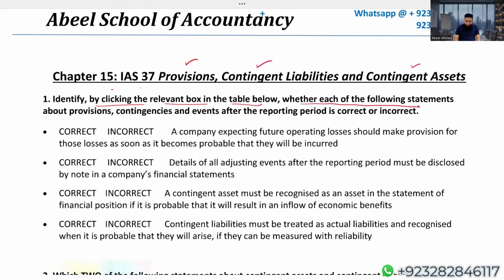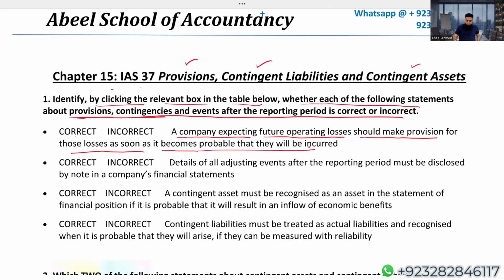Whether each of the following statements about provisions, contingencies, and events after the reporting period are correct or incorrect. Number one: a company expecting future operating losses should make provision for those losses as soon as it becomes probable that they will be incurred.